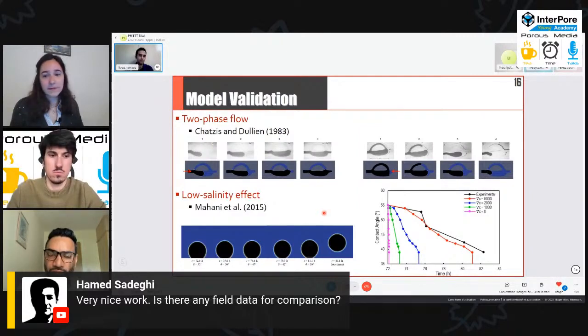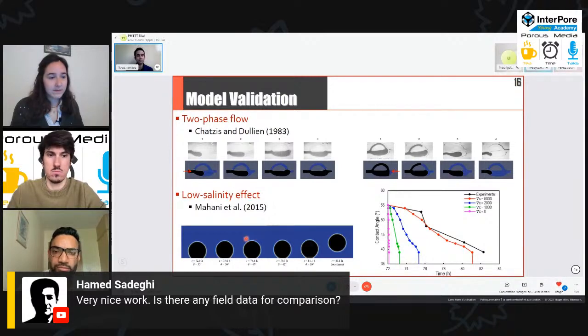First, the two-phase flow model itself: we have checked it with the results of displacement inside a micromodel and with two regimes of imbibition and drainage, and both results were comparable to the experimental results. Second, we have validated the low salinity effect, which is the alteration of wettability and its time scale.